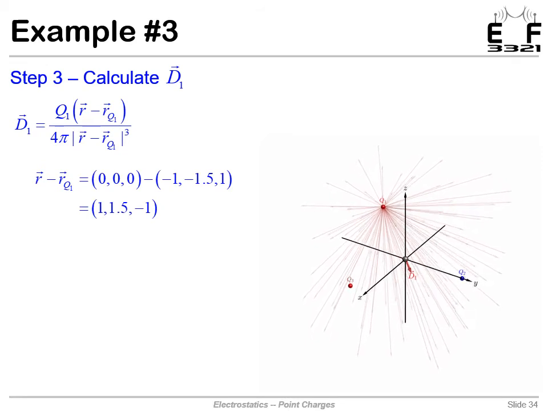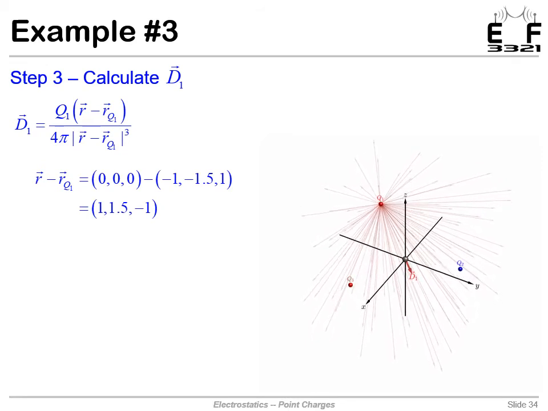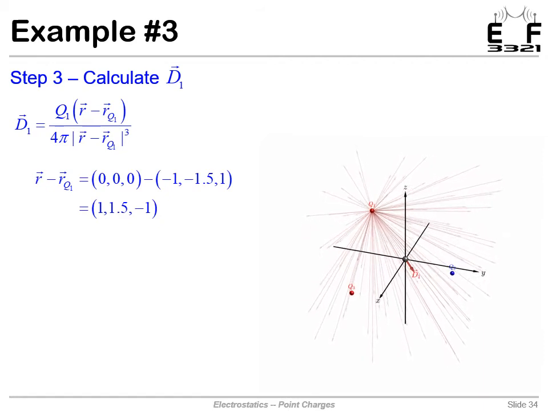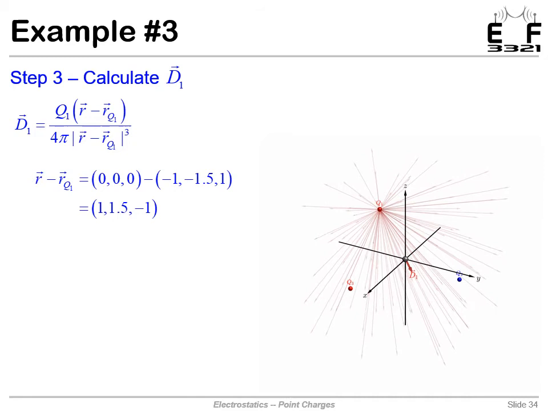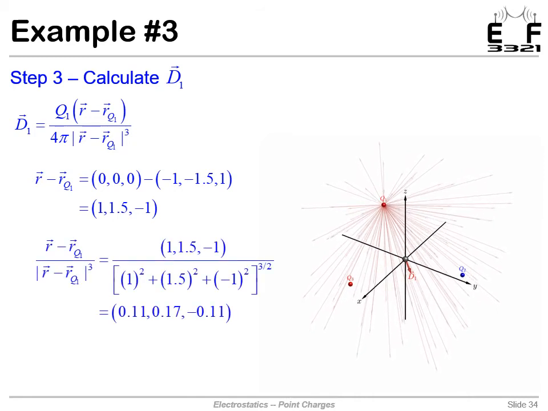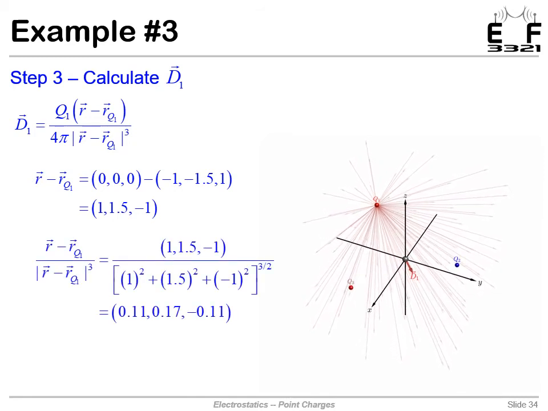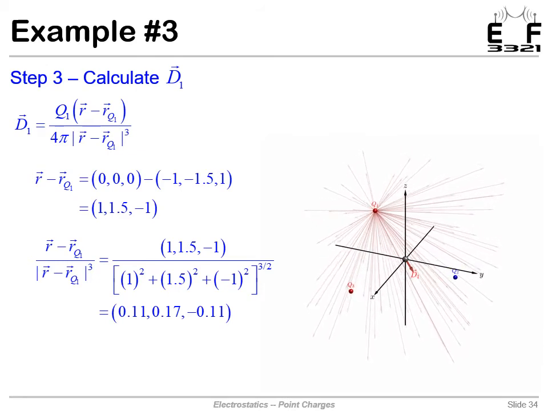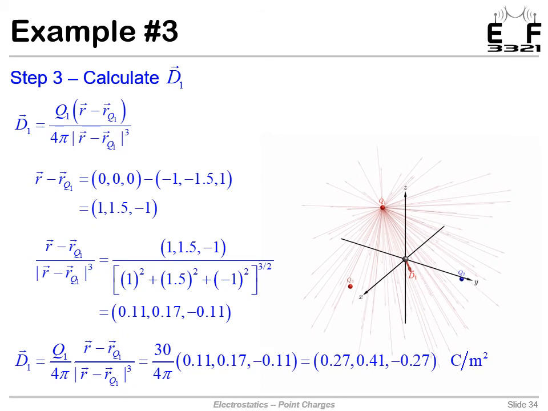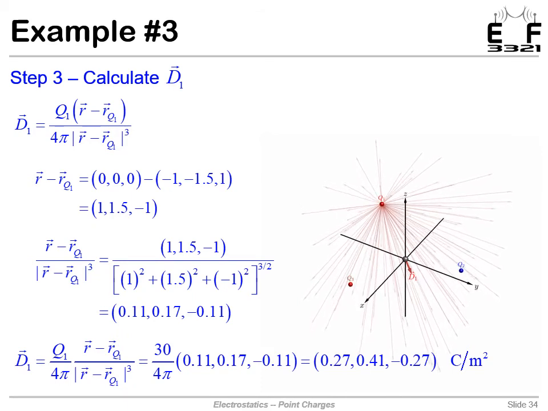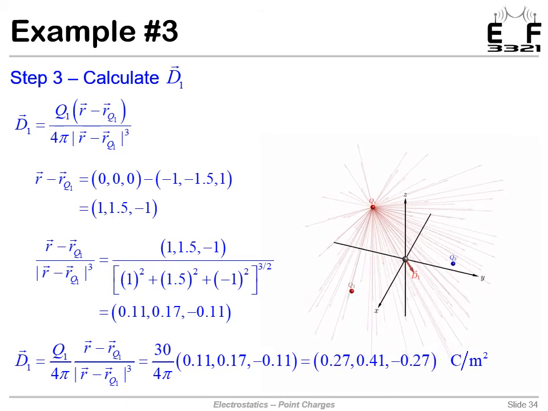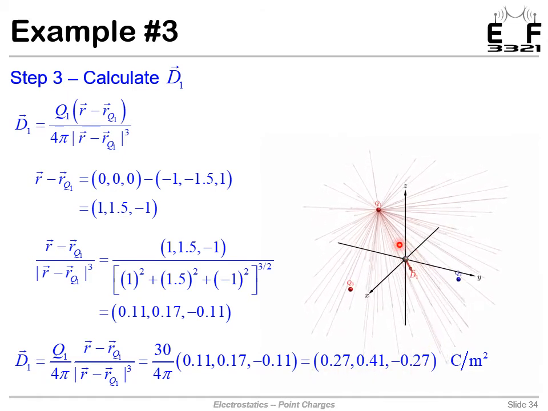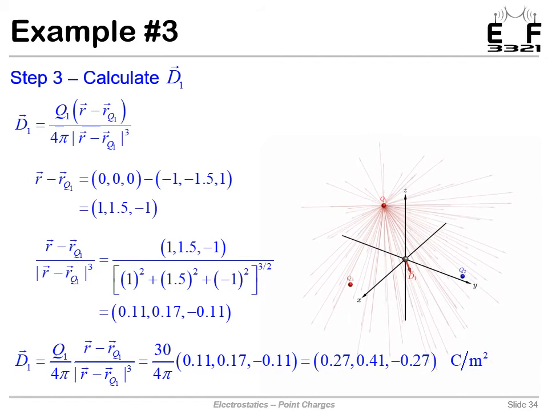I'll calculate that difference, r minus r_q1. So this is a vector pointing from q1 to our observation point. Then we'll calculate the ratio of that r vector divided by the r vector cubed. We get a number for that. And then we can plug in all of our numbers and get our final answer for D1. This is the electric flux density at our observation point, and the units are coulombs per meter squared.